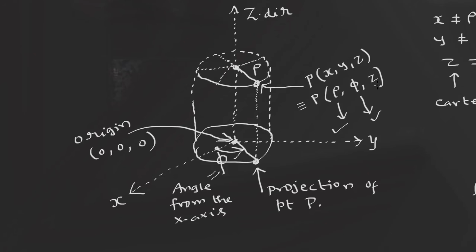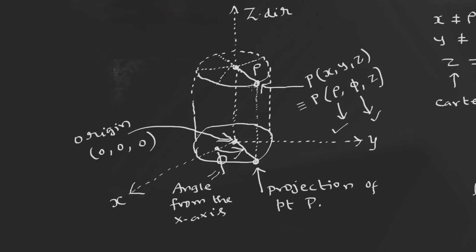Now the next question is, where is the z? Z represents a very simple thing, namely the height of the cylinder. So the height of the cylinder is quite visible. It is the distance from here to here. This line is already there, so it is the same line that you can show.